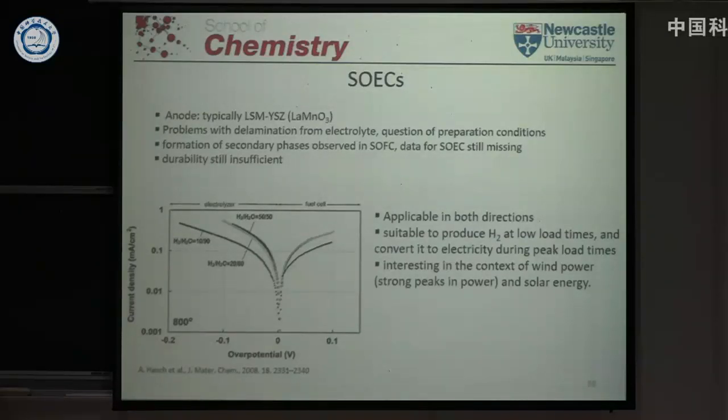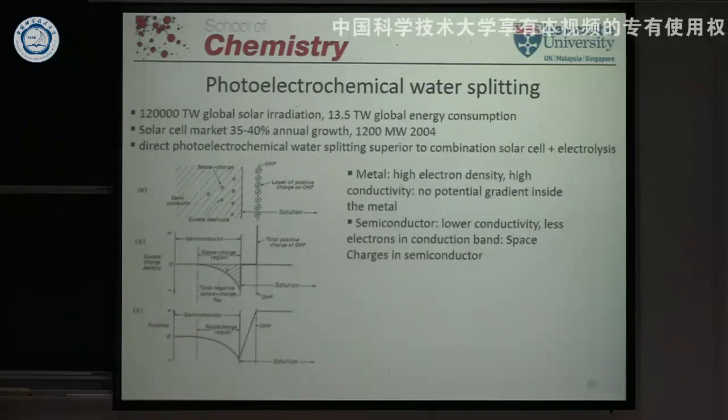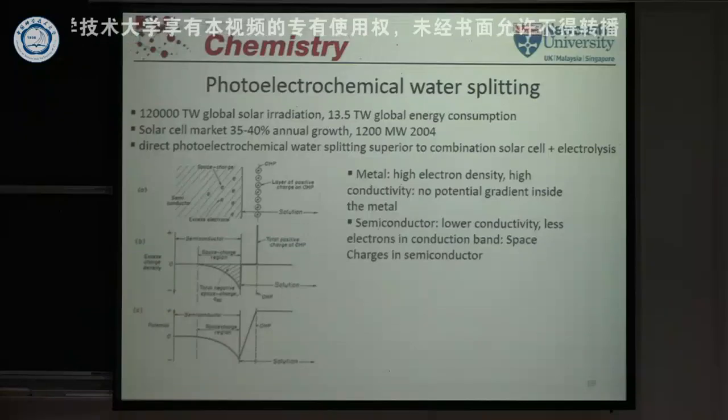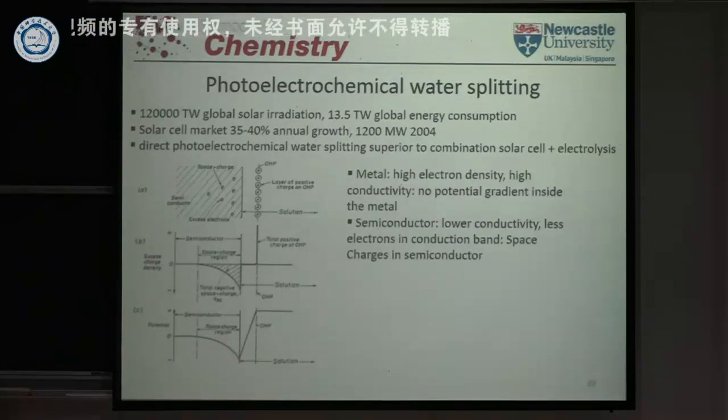Okay, electrolysis driven by electricity, but actually we can use some other energy source to make hydrogen as well, and that is by photoelectrochemical water splitting. Now there's a lot of activity. I personally am not sure that this is really the best way of doing it, but it's an interesting way of doing it, definitely. What you do is actually you take a semiconductor that's in contact with a solution and you irradiate this with light, and then you excite electrons from low-lying levels to high-lying levels, from valence band to the conduction band.